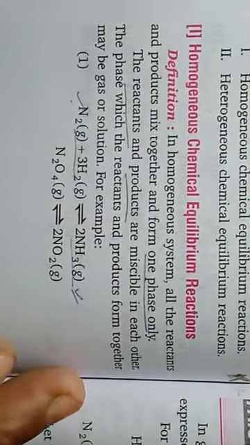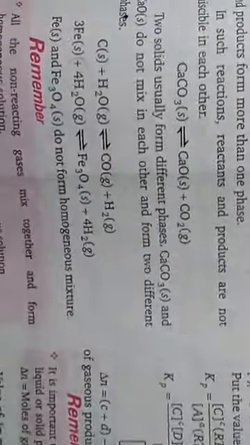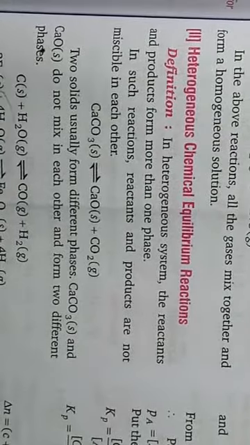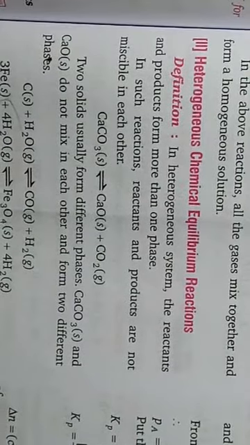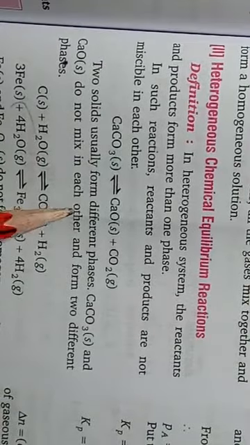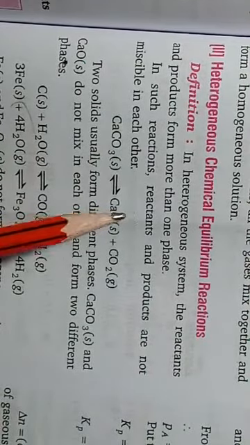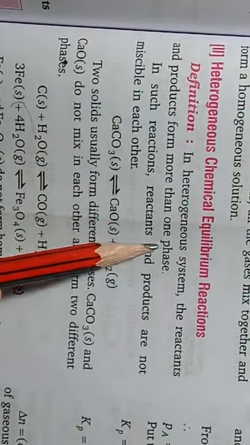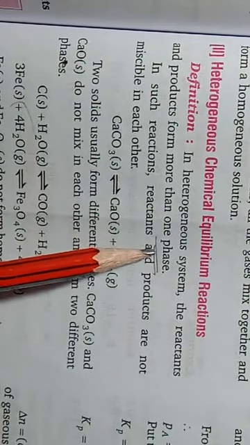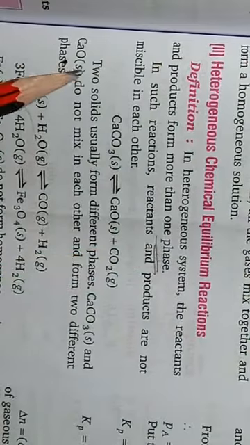Now the next type of equilibrium is the heterogeneous chemical equilibrium reaction. In heterogeneous chemical equilibrium reactions, the reactants and products are in more than one physical phase, meaning all are not in the same physical phase.